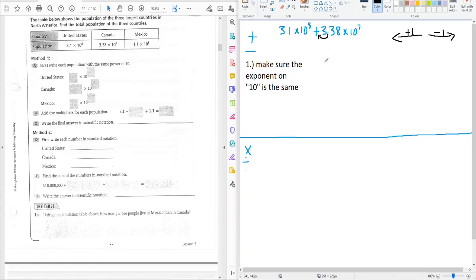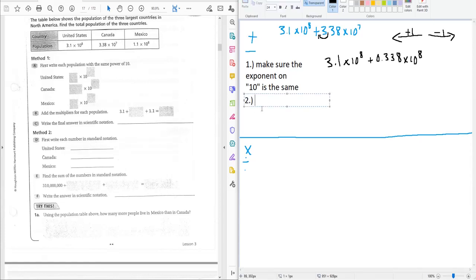So now I have 3.1 times 10 to the 8th plus, oh no, wait, that's not right. I moved the decimal already, so it's 0.338 times 10 to the 8th.